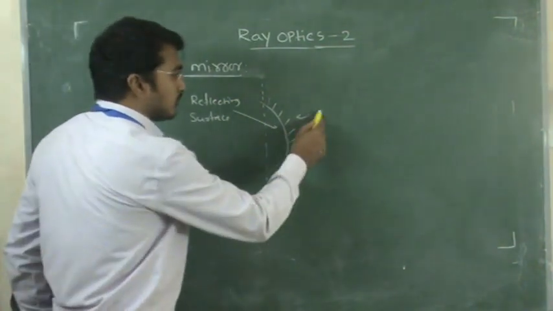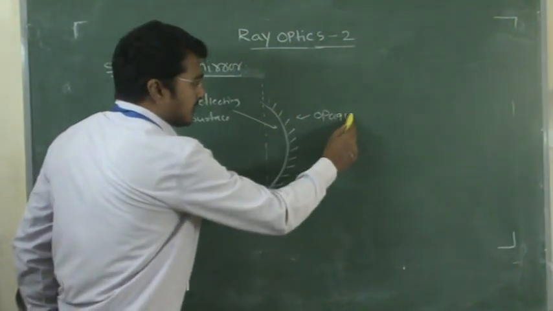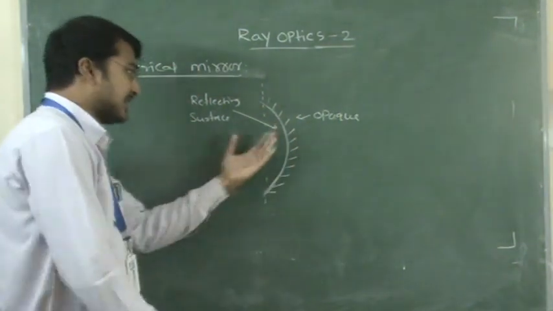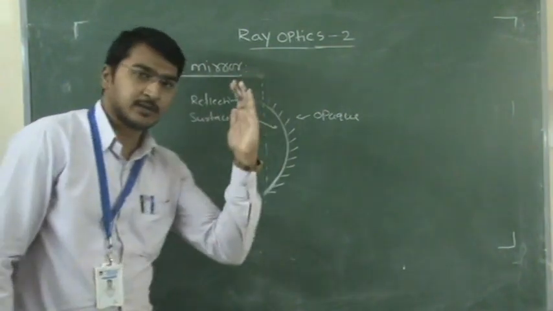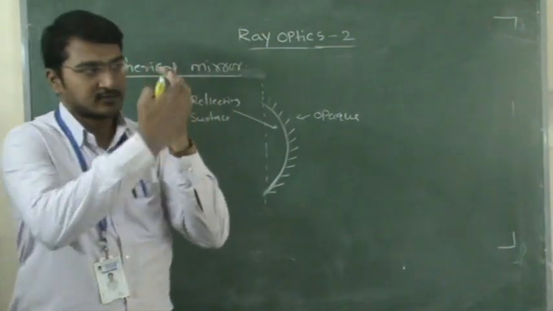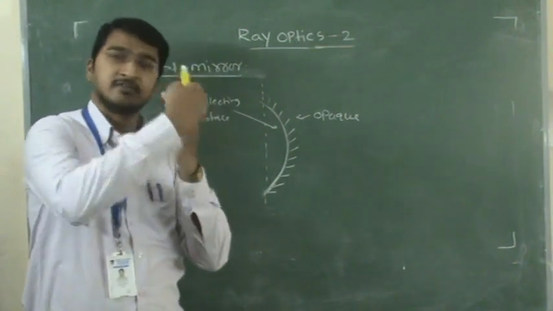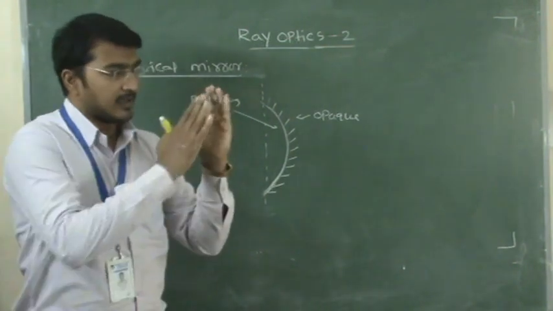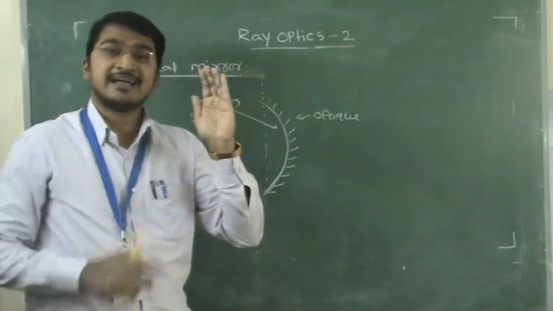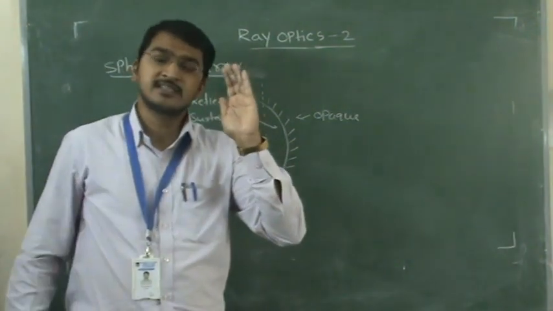And this side does not allow the light. Okay, now the shape of the mirror is like this. So this side I am coating with silver or anything else which does not allow the light. Okay, and now it becomes what? A reflecting surface. So this is one mirror.